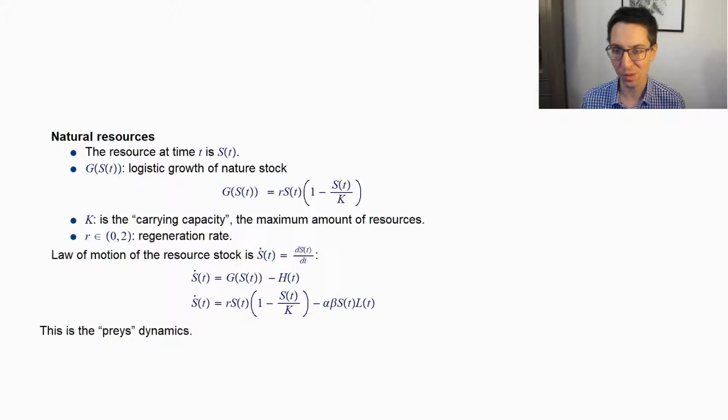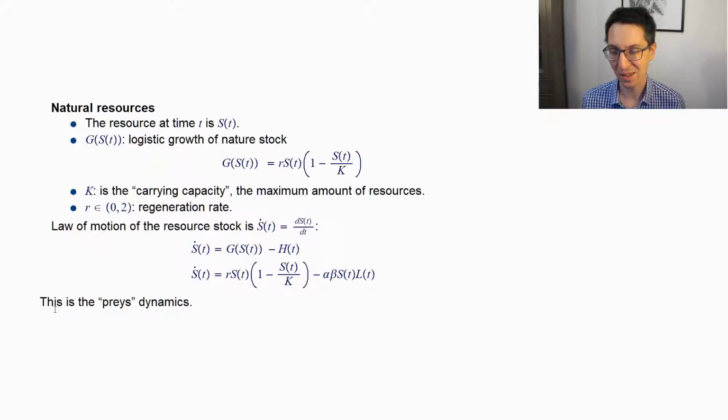So what we have just done is introduce L of t to describe the dynamic of the stock. Why? Because the number of inhabitants on the island will dictate how much harvesting is going on, so it will affect how much the nature can grow. We have both the nature growth and the harvesting that are proportional to S of t.